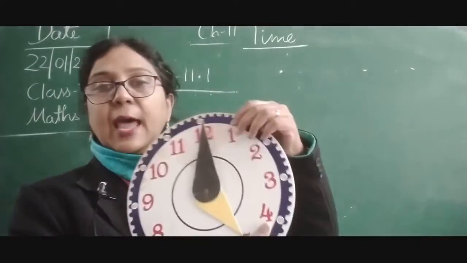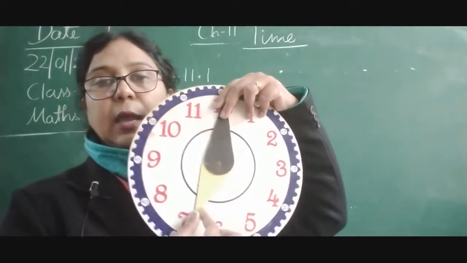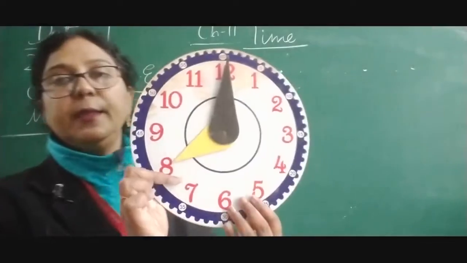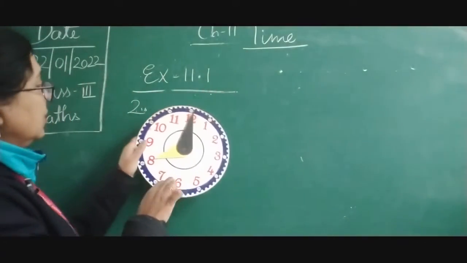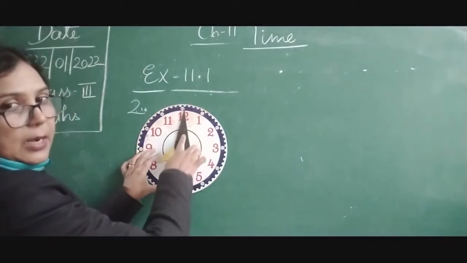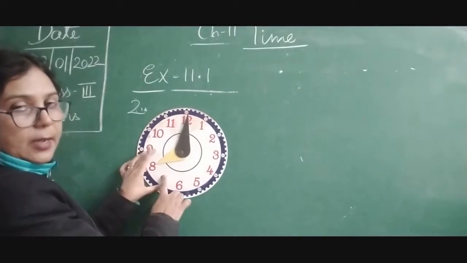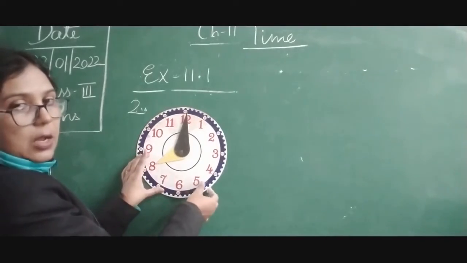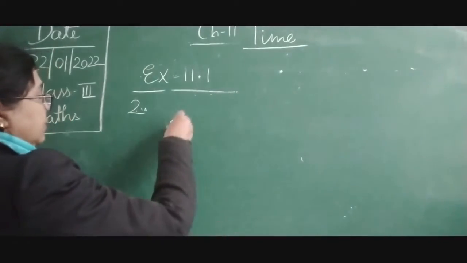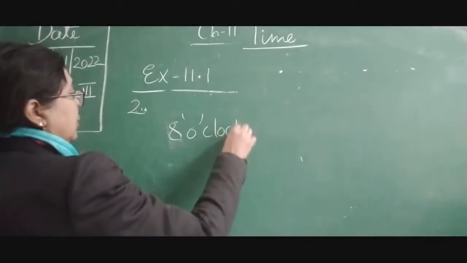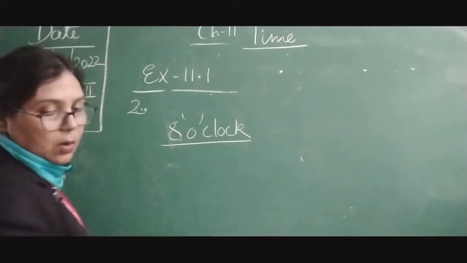The hand is already drawn, and in the first clock you can see the minute hand is at 12 and the hour hand is at 8. So now it will become 8 o'clock.